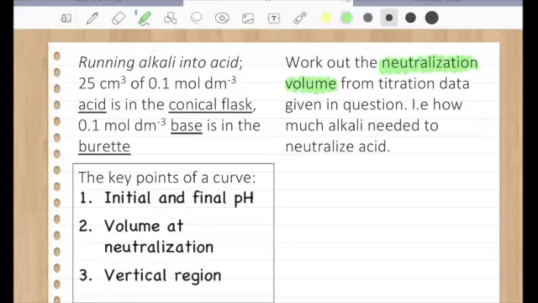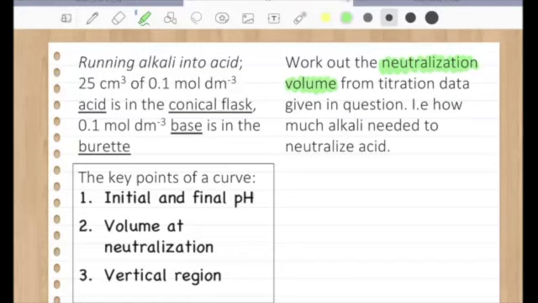Students usually just assume that it's 25 cm³. Now this is only possible if the concentration of your acid and base is the same and they react in a 1-to-1 ratio. Then you can assume equal volumes would be needed to react with each other.